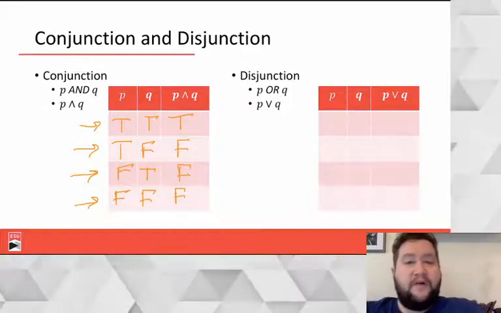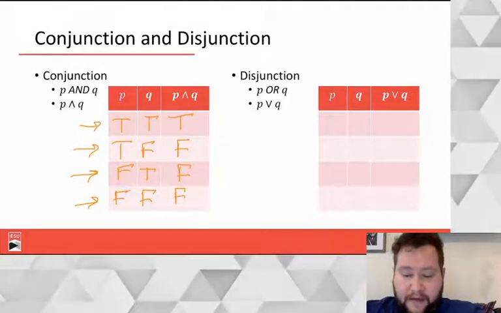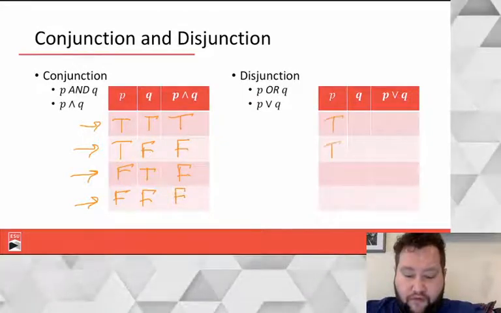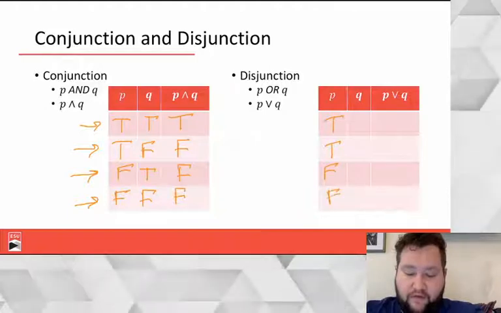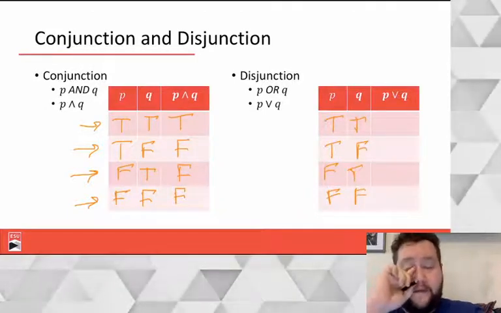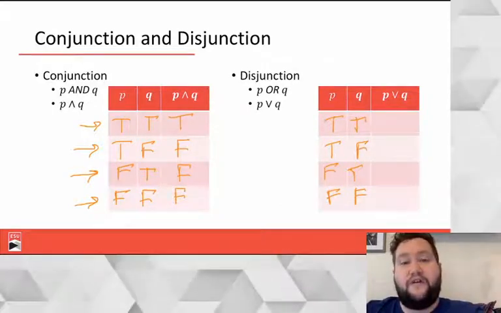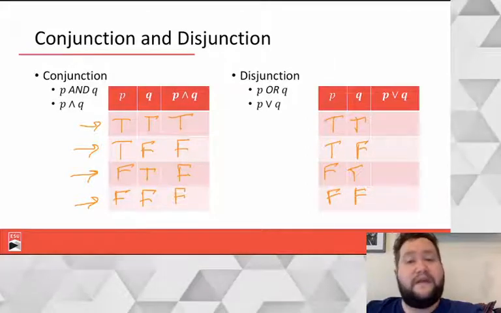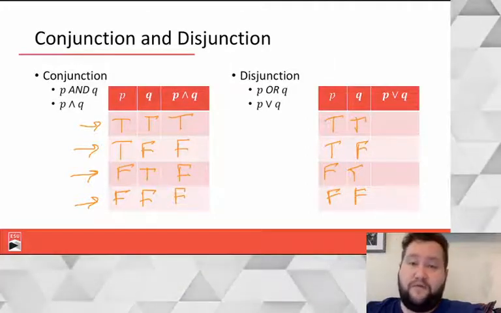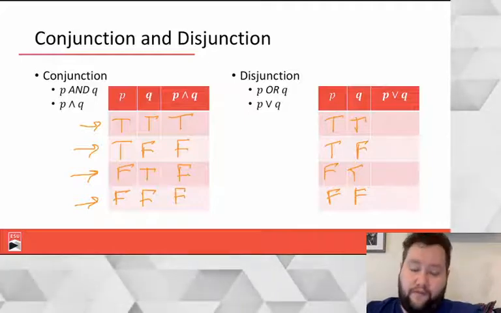And so now, repeating, we know there are the four combinations: true, true, false, false, true, false, true, false. And it says P or Q. Our definition of disjunction was that P or Q is true if P is true, if Q is true, or both are true.